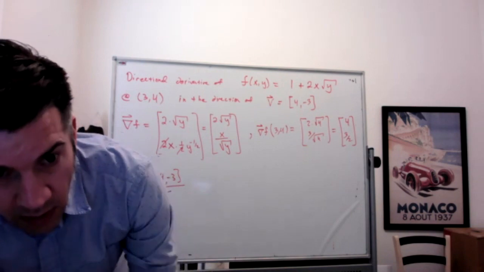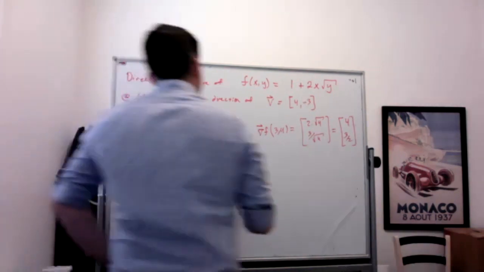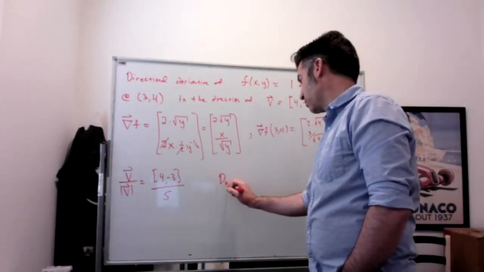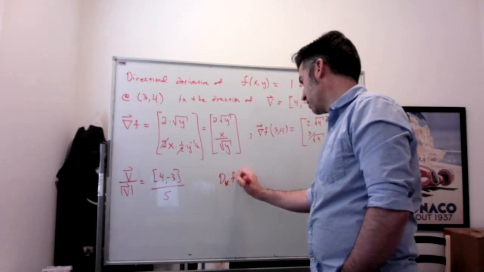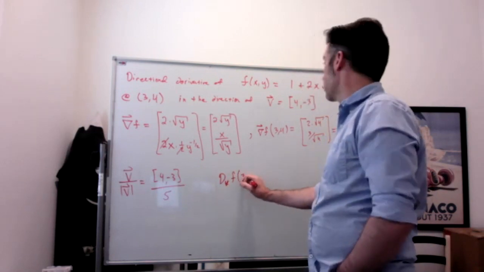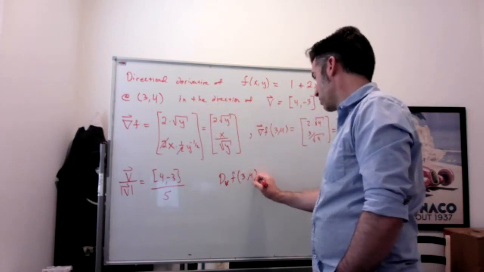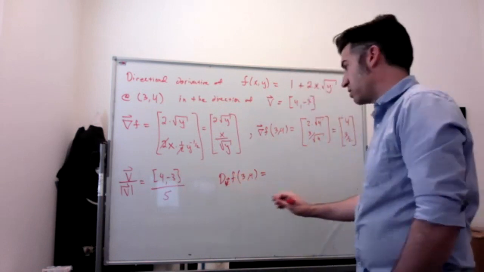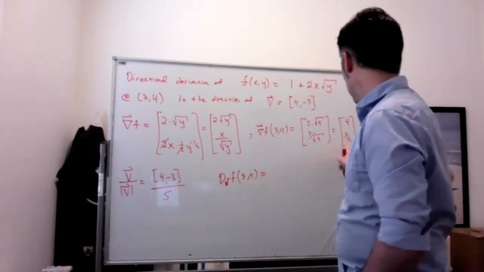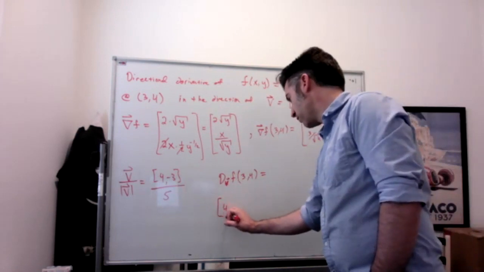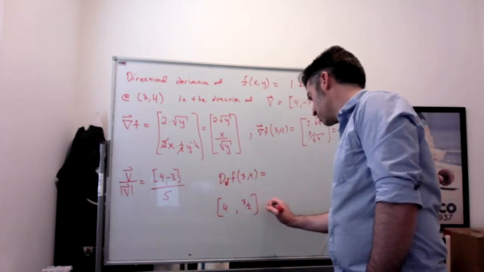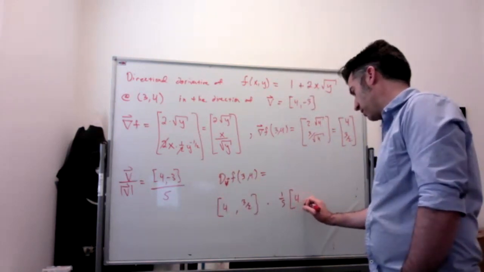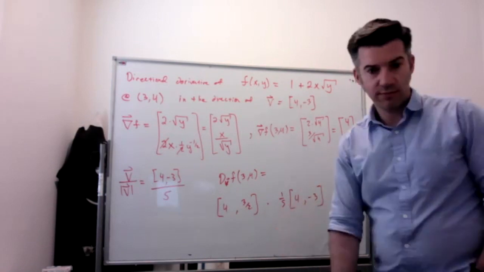So, taking it all together, my directional derivative evaluated at the point 3, 4 in the direction of v is going to be this vector for 3/2 dotted with this vector, 1/5 times the vector 4, -3.